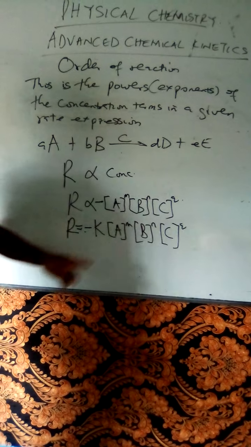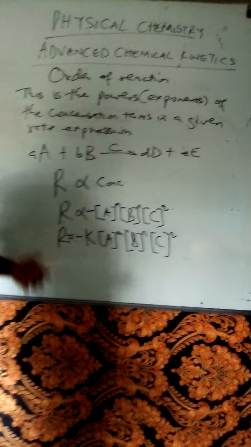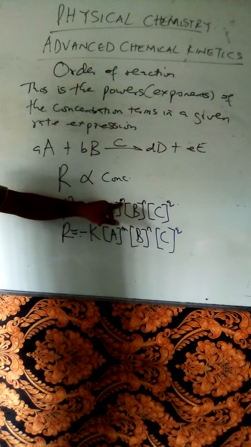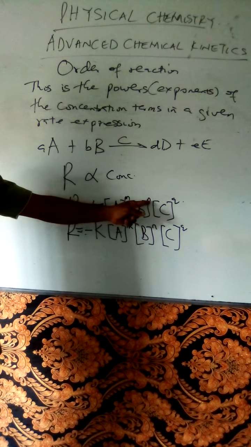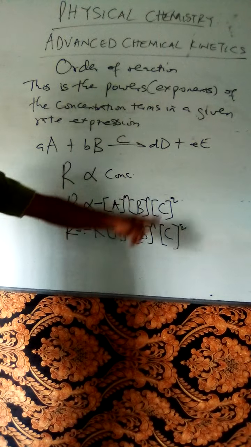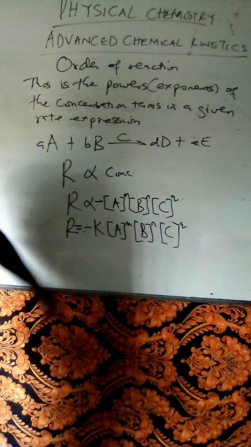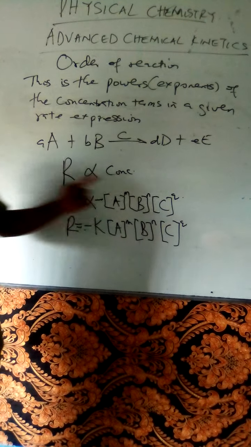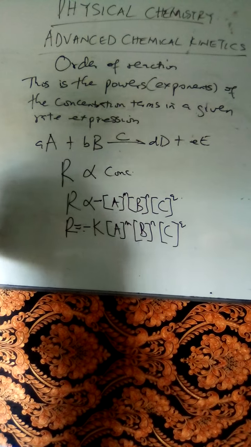Now, these powers on top are what is called the order of reaction. Letter m is the order with respect to reactant A. Letter small n is the order with respect to reactant B. Letter q is the order with respect to C. The order of the reaction is different from the stoichiometric number of moles; they are not the same.